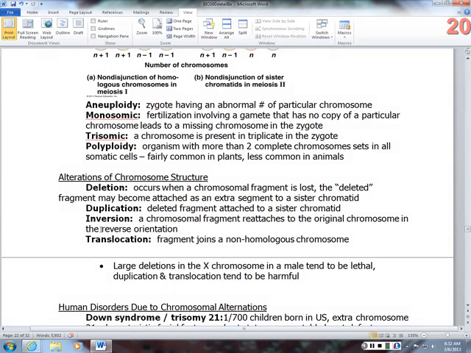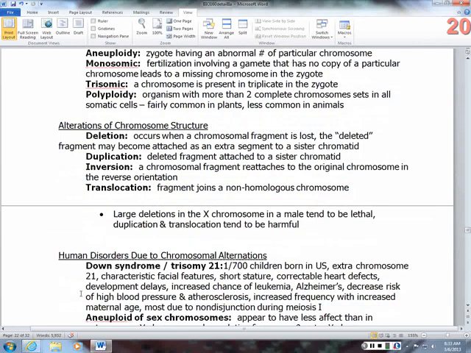An inversion is going to be where a chromosome fragment reattaches to the original chromosome, but in the reverse direction. So you take the instructions out, you flip them around and stick them in backwards. They don't read the same when you put them in backwards, so it puts in something else. And then translocation is going to be when a fragment joins a non-homologous chromosome. And translocation can occur from various other causes in there.